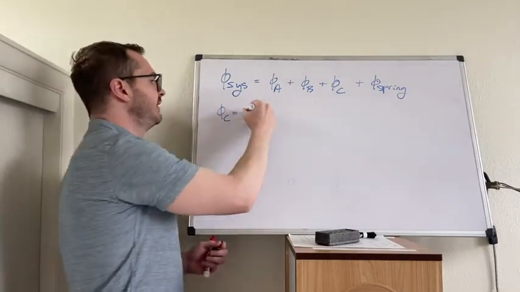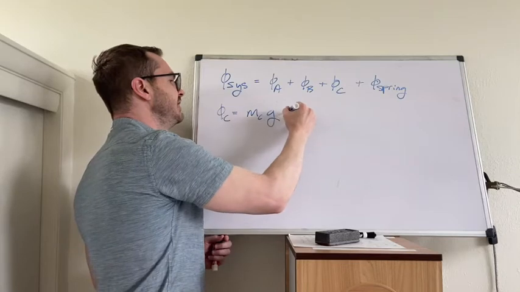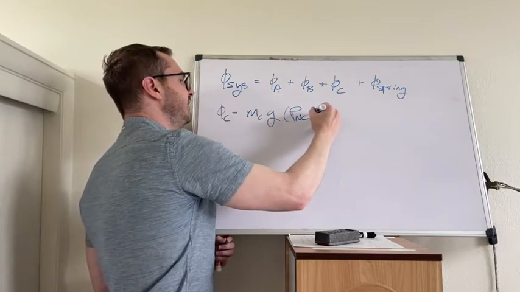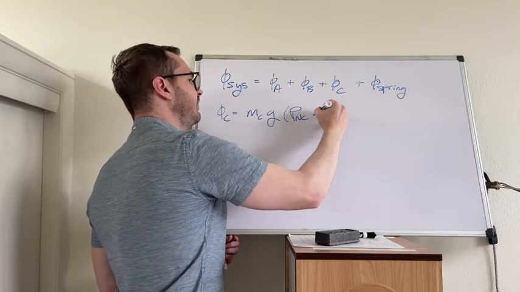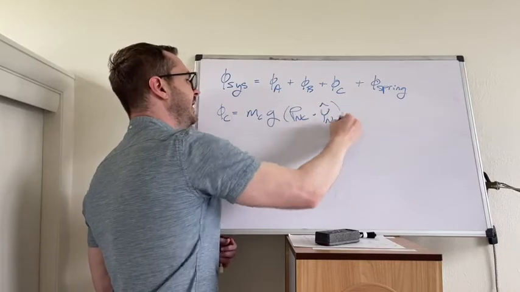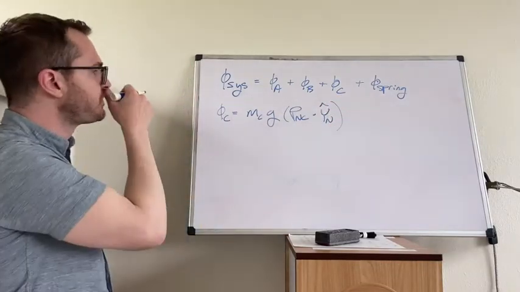VC, this is going to equal MC G P into C dot Y hat N. Okay?